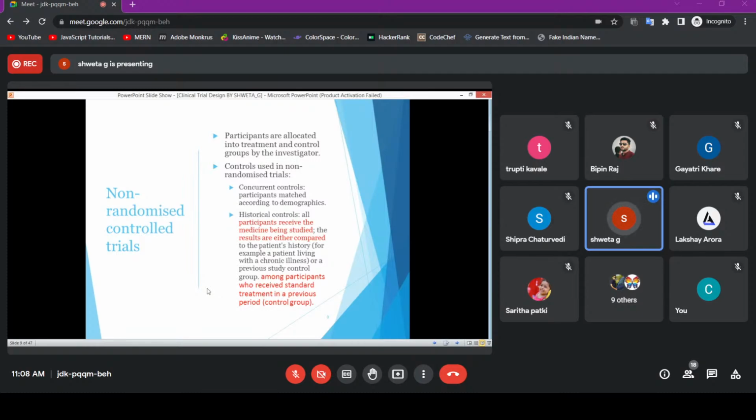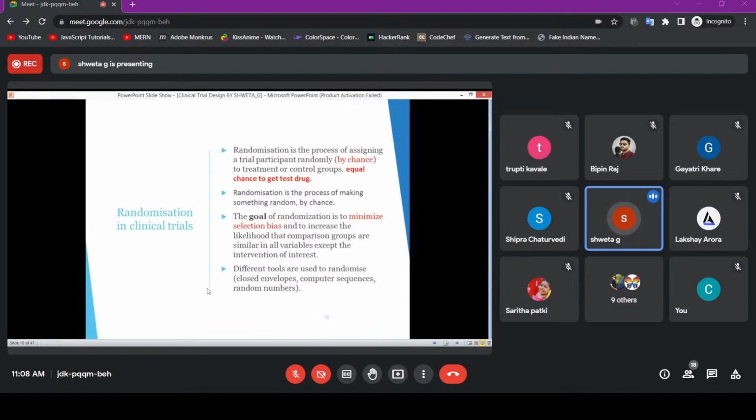For example, one year ago, this diabetic patient went for a standard treatment and took the medication, and after one year we find that this patient is suitable for our study. We can take this patient as a control. This is known as historical control. The participant who received the standard treatment in the previous period comes under the control group and is compared with the test drug group.